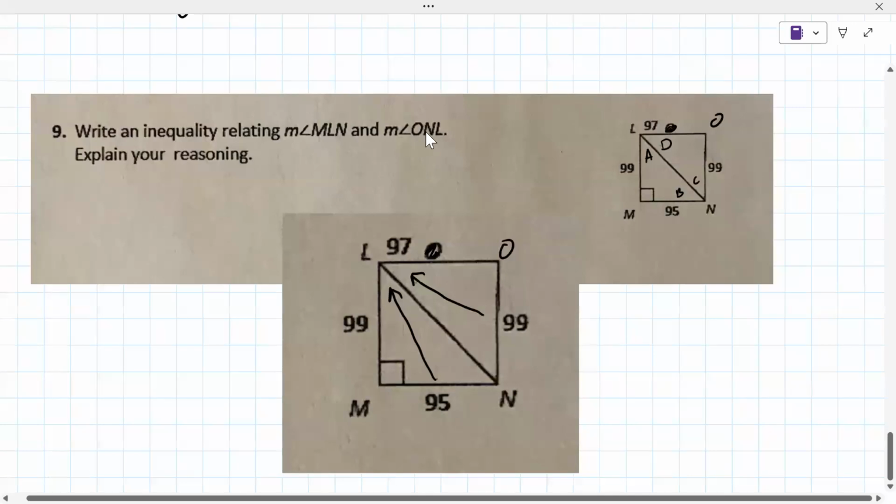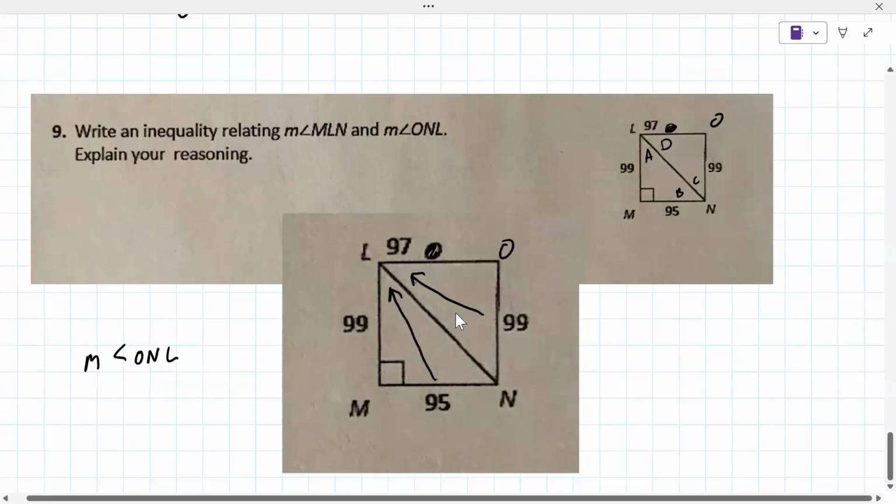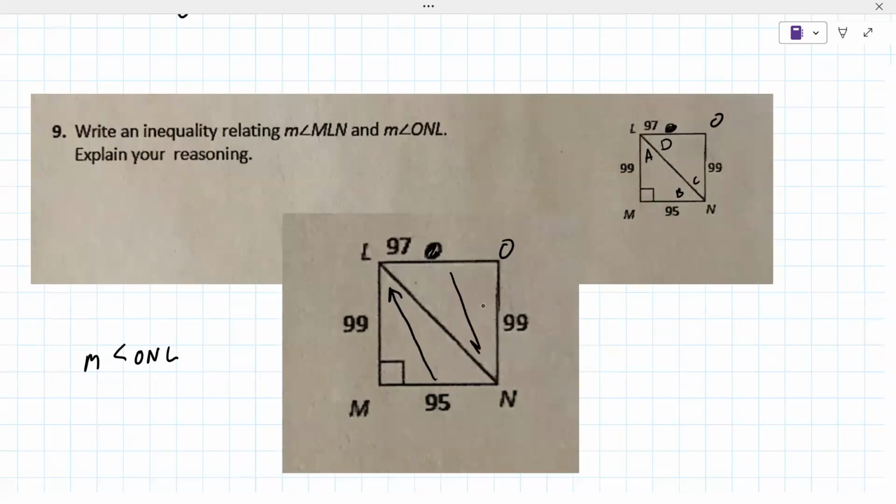So the measure of angle MON is greater than the measure of angle MLN. Sorry, ONL is, I let you talk me into that. It is down here, but it's still across from the 97. So it's still bigger. That's larger than the measure of angle MLN.